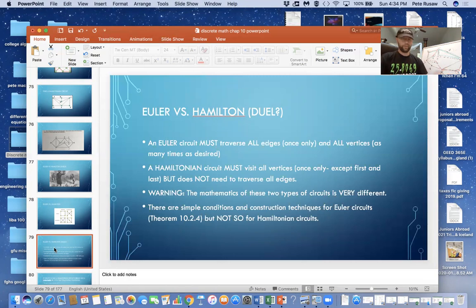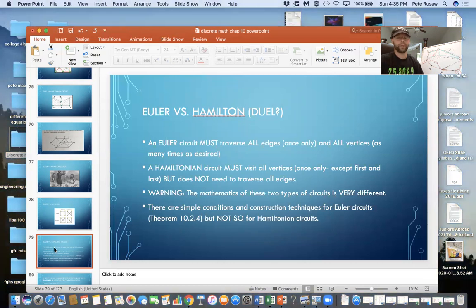We've talked about the difference between Eulerian circuits and Hamiltonian circuits. So just make sure that you understand this page and you understand that the mathematics and the applications behind these two types of circuits is very different, because with Euler circuits, we can look at a graph and we can quickly know if it will work or not. And then if it will work, we have an algorithm that will find the Euler circuit for us.